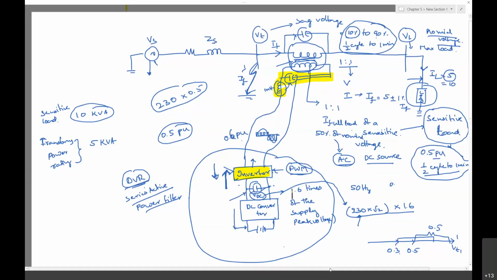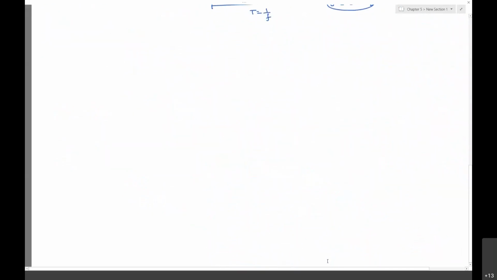So far, whatever we have seen is the understanding of the dynamic voltage restorer with respect to the sag voltage. Then, how can the DVR, the dynamic voltage restorer, also be used for the swell?